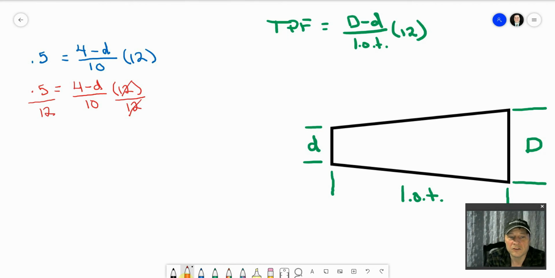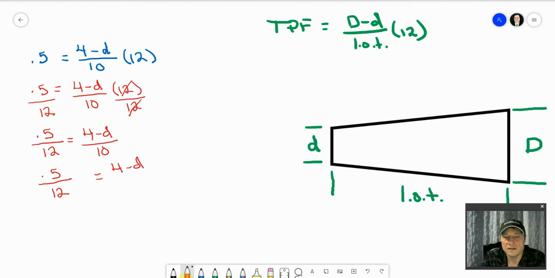So how this looks right now is 0.5 divided by 12 equals 4 minus d divided by 10. Okay. The next easiest thing to move is the divide by 10. So 0.5 divided by 12 equals 4 minus d divided by 10 times 10.